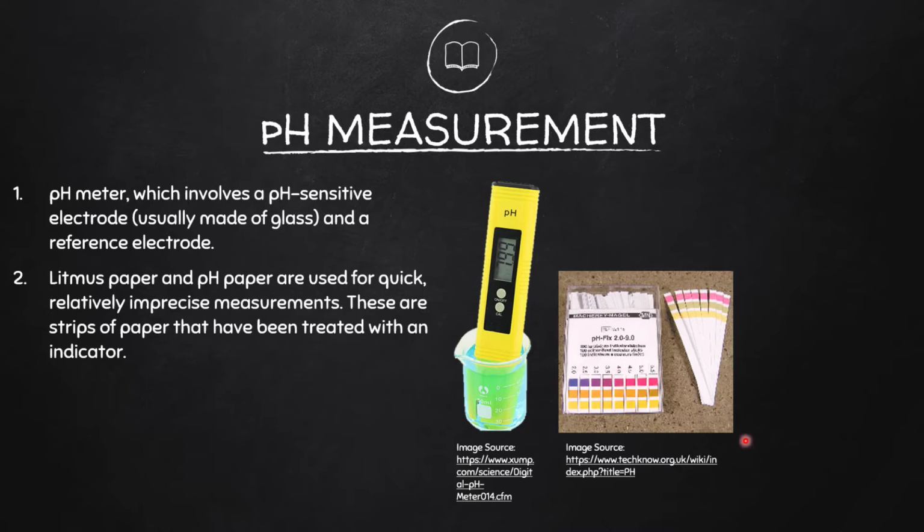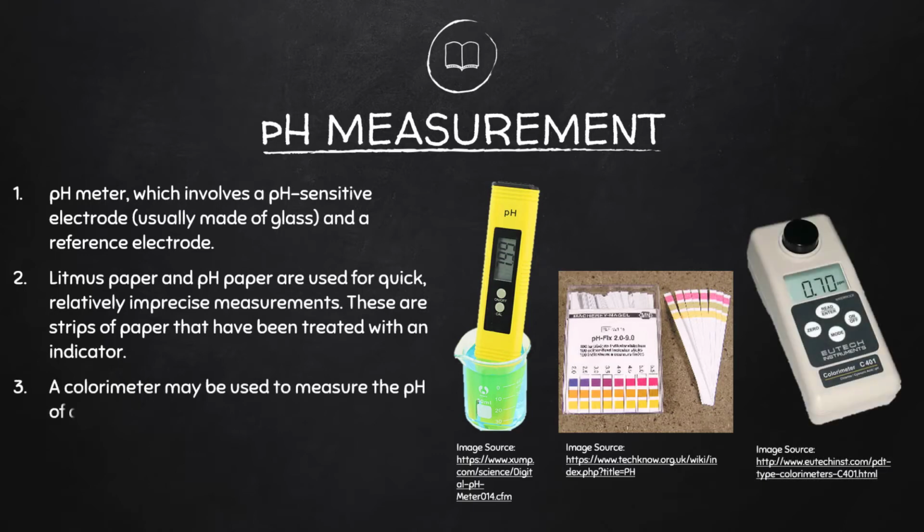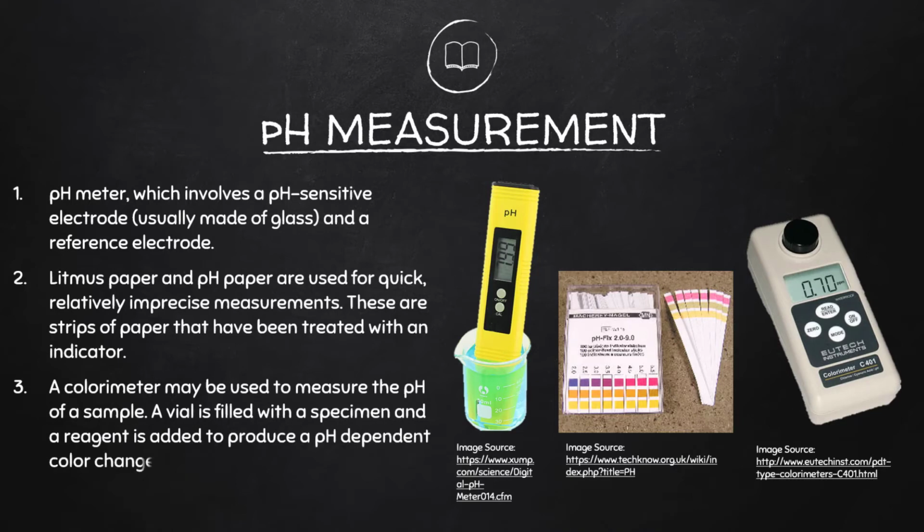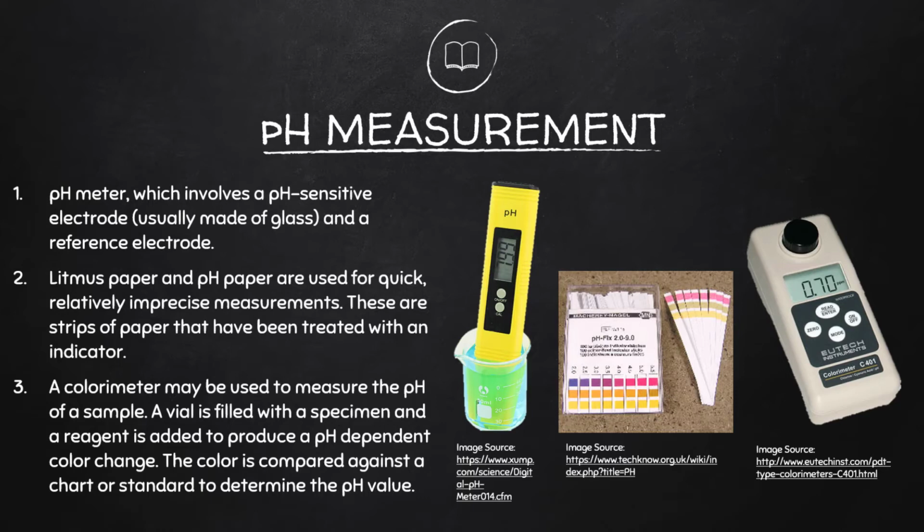And from there, we can obtain the pH level of the water sample. And lastly, we can use a colorimeter to measure the pH of a sample, wherein a vial is filled with a specimen and a reagent is added to produce a pH-dependent color change. The color is compared against a chart or standard to determine the pH value.